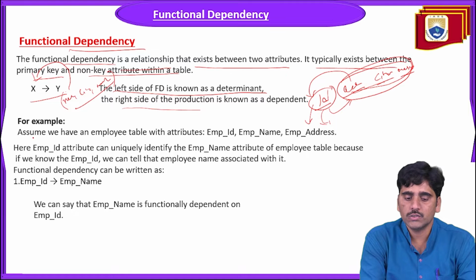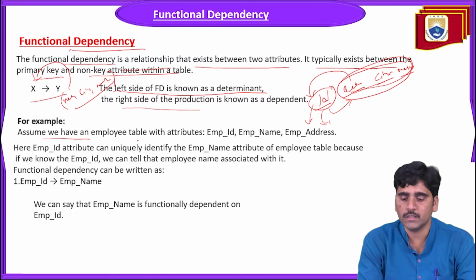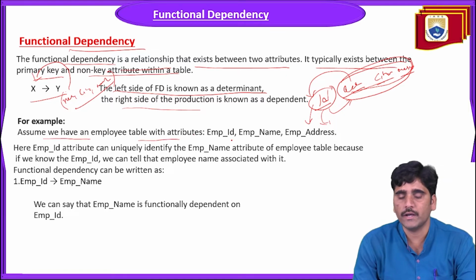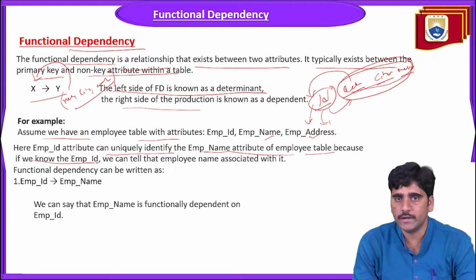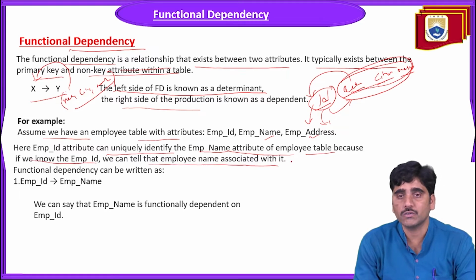Assume that we have an employee table with the attributes employee ID, employee name, employee address. Here, the employee ID attribute can uniquely identify the employee name attribute of the employee table. Because if we know the employee ID, we can tell the employee name associated with it.